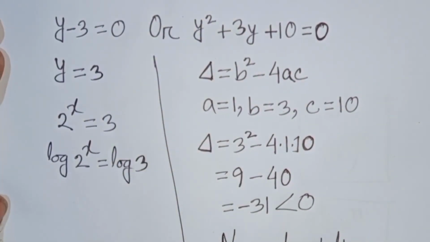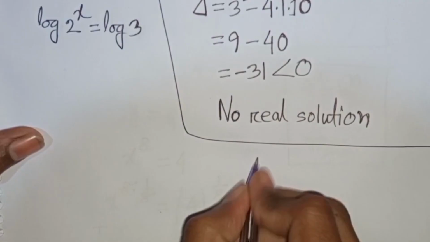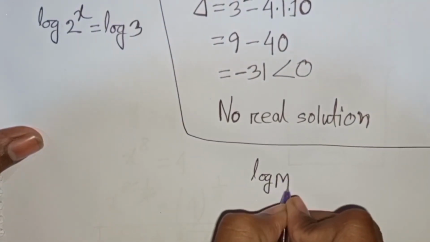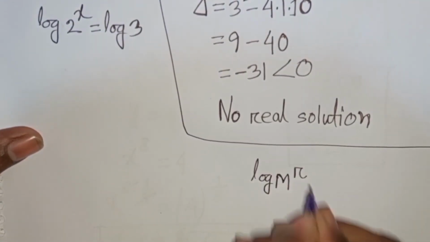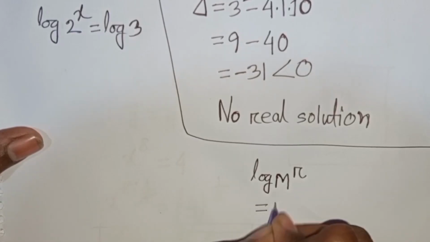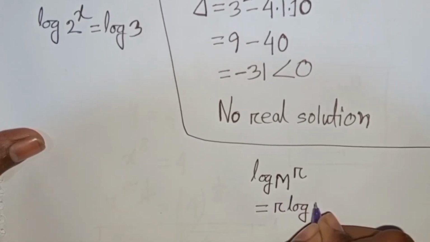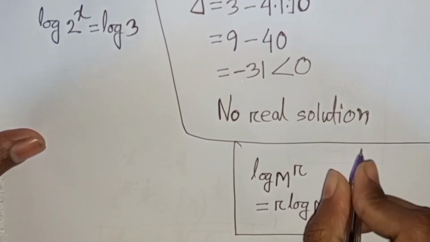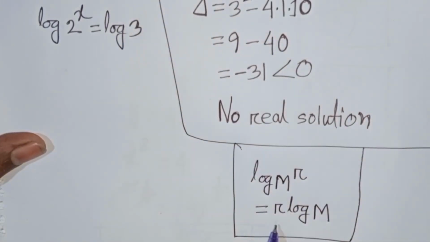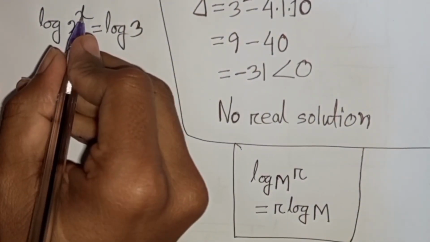Now here I can apply the rule that log m power r is equal to r log m. That means this power moves to the front. So according to this rule, you can compare here. This power x will move to the front.